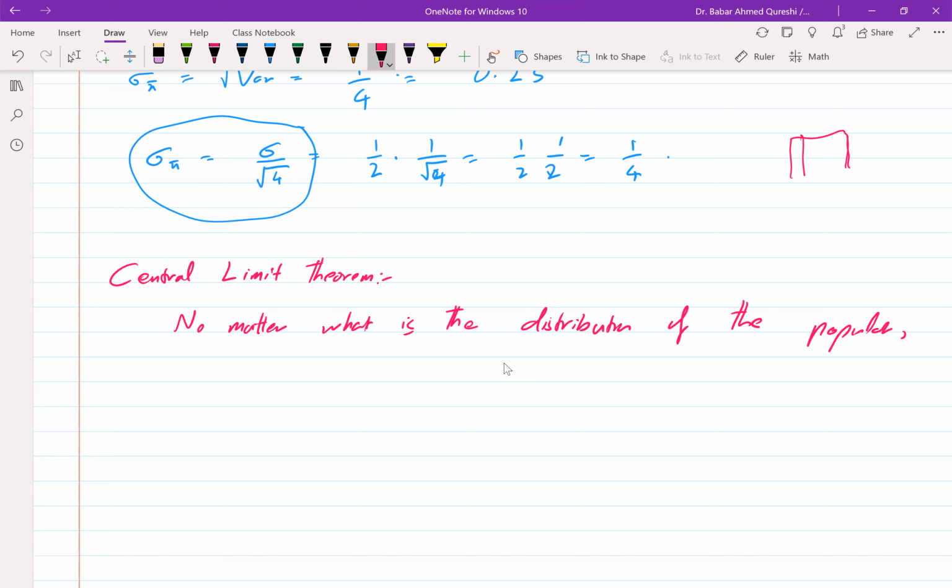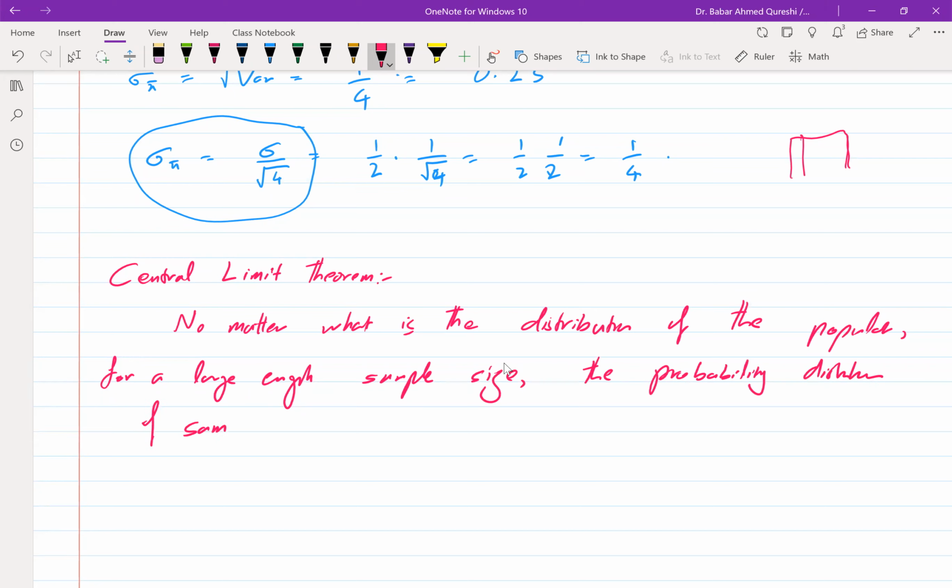No matter what is the distribution of the population, for a large enough sample size, the probability distribution of the population of the sample mean of sample means is normal, is this bell shape.